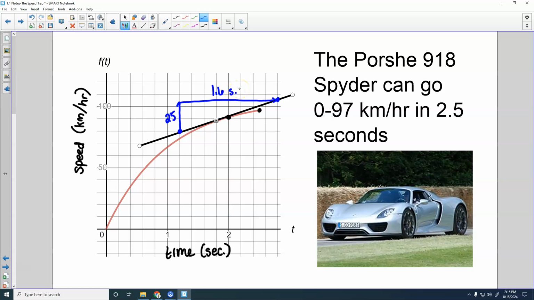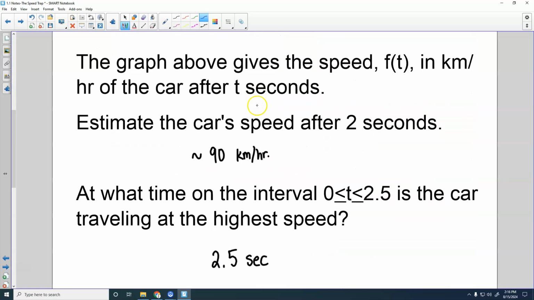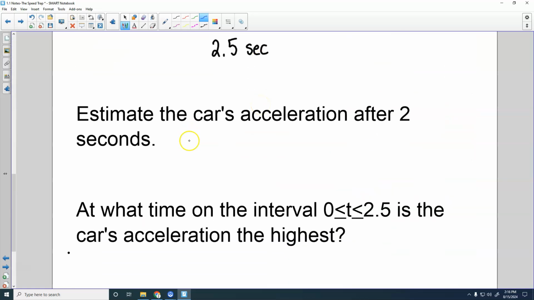So our slope is changing y over changing x. So let's use our units with it. I've got 25 kilometers per hour over 1.6.